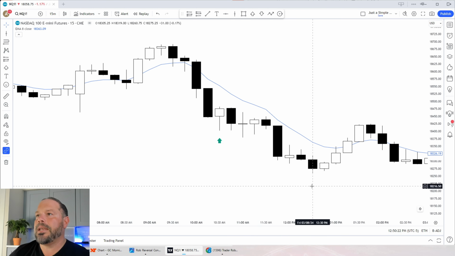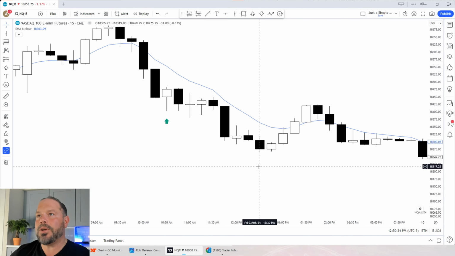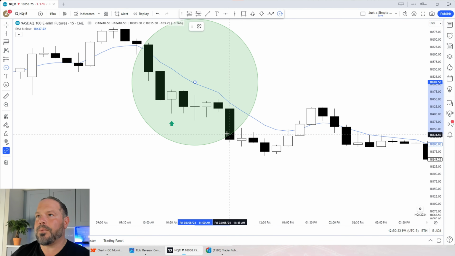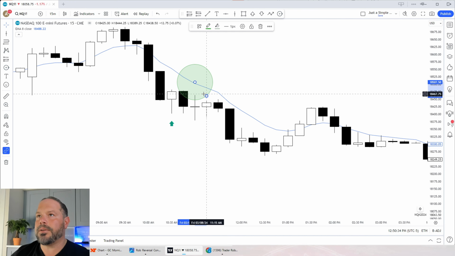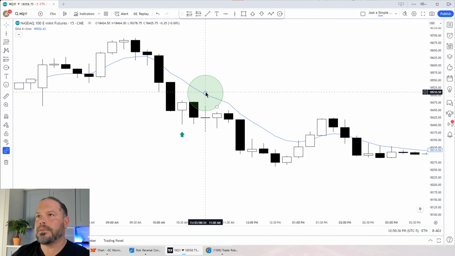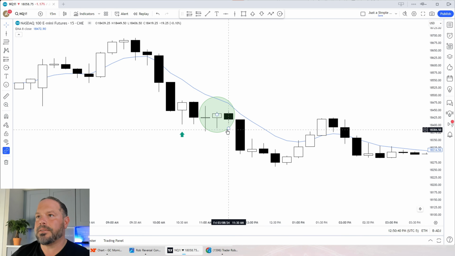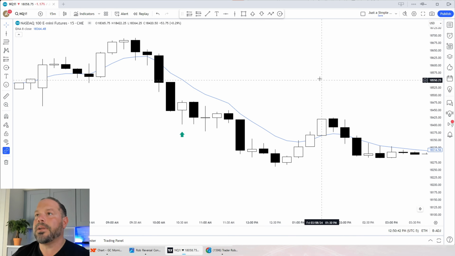Okay? Now, if we go to our next example that I can see plain as day, it's right here. This is your setup right there. Oh, that was not a good circle. Sorry, it's an ugly circle. Should have used something different.